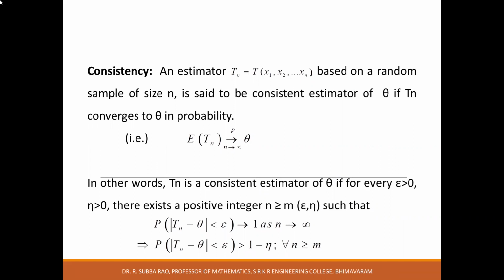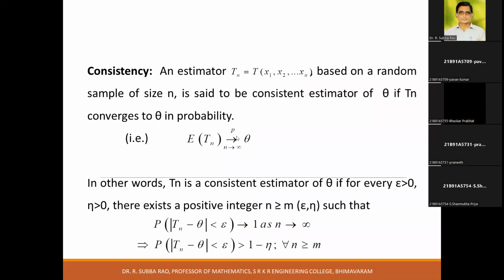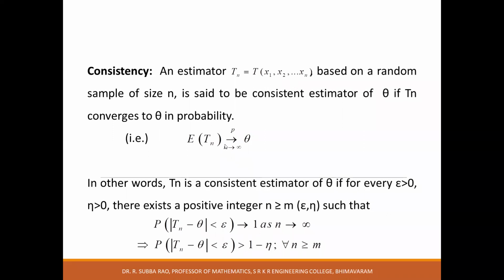We know the definition of convergence; I'm not going to discuss it. The definition for consistency: an estimator Tn, T of x1, x2, and so on xn, based on a random sample of size n, is said to be a consistent estimator of theta if Tn converges to theta under probability, that is, expectation of Tn converges to theta under probability when n tends to infinity.